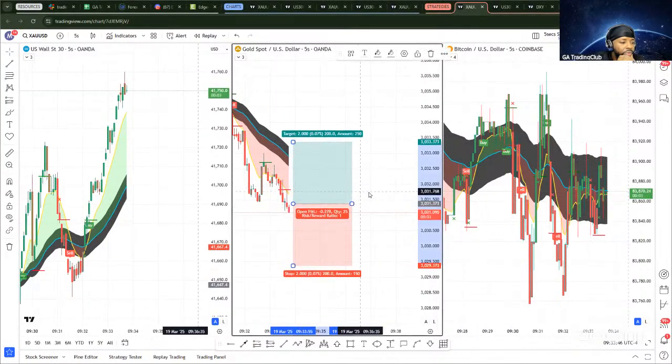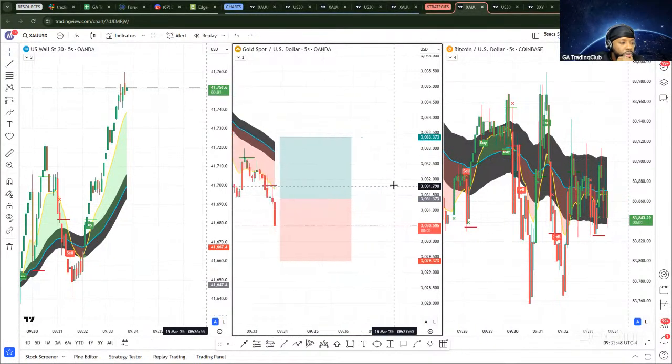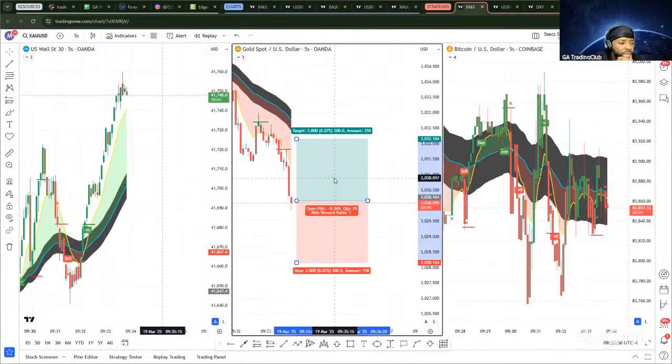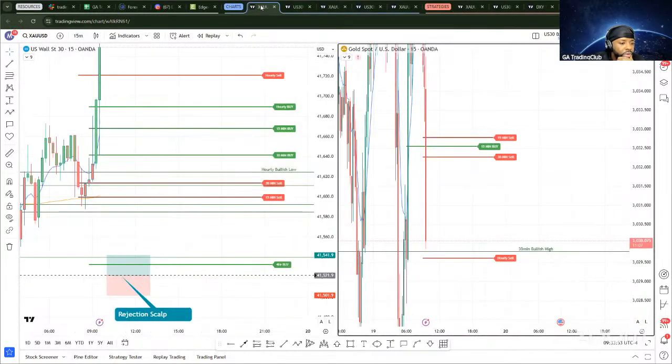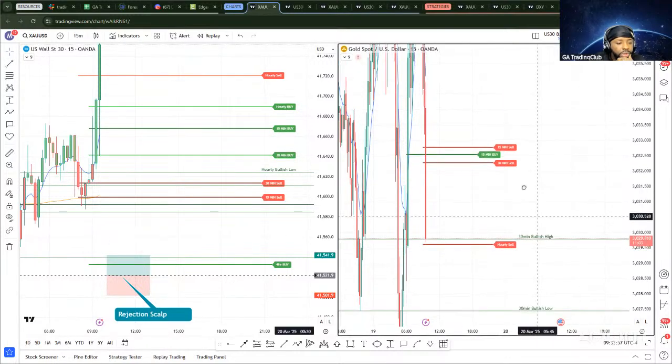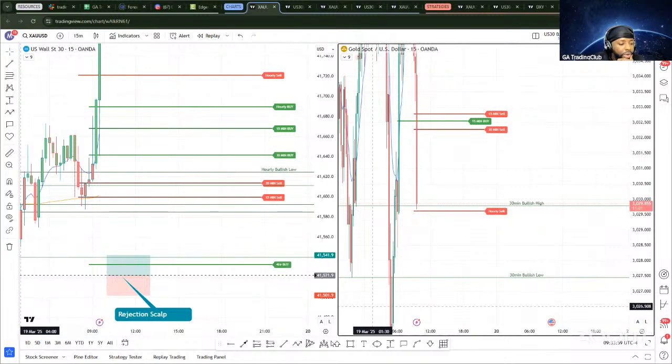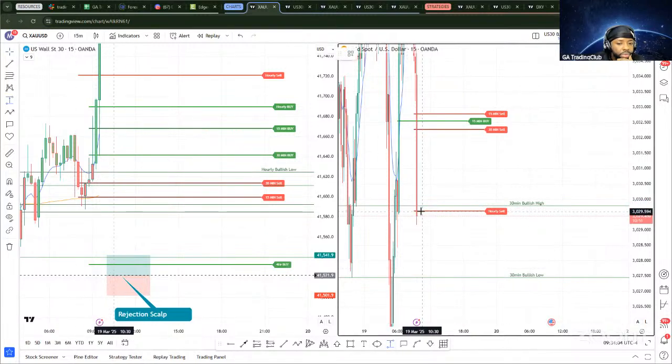Still waiting for that crossover. Ideally the green X, that's what I'm waiting for. And also we have this hourly one as well, so it might validate both the hourly. Yep. So 3029, 3029.5, 3028.5. Let's see.